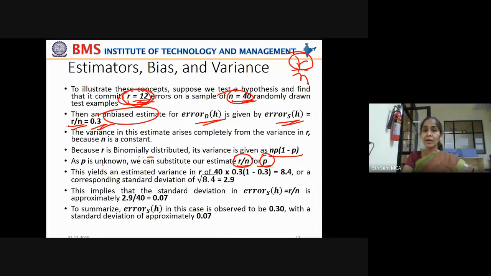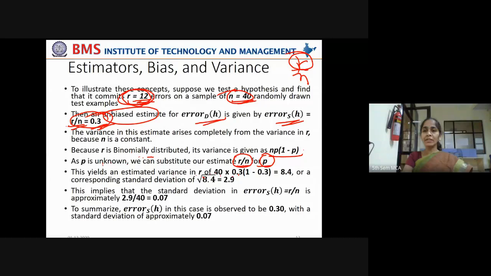That is P. Now, can you equate these two? Because you are interested in an unbiased estimate, so that your sample error is equal to your true error. So equate these two. R by N can be substituted by P. Now this yields an estimated variance in R of, how can you write this now? NP into 1 minus P. So N is 40 into P, because P is nothing but R by N, which is 0.3 given here.